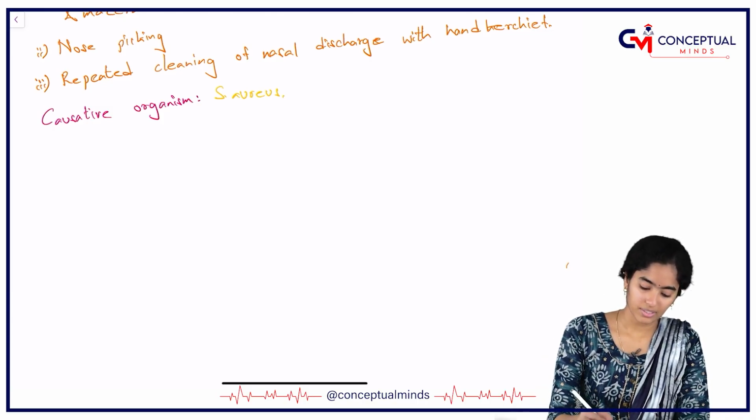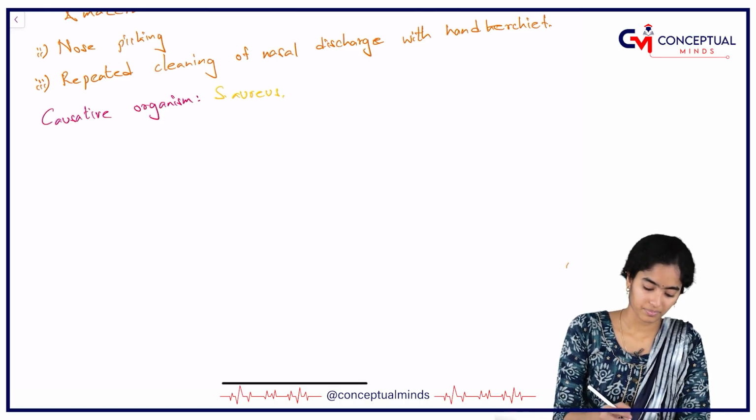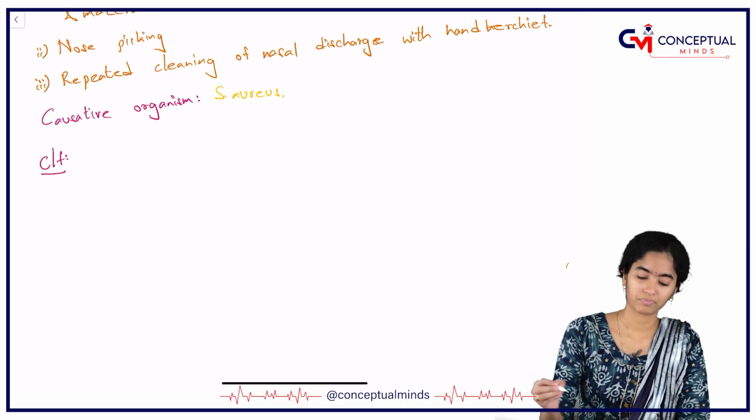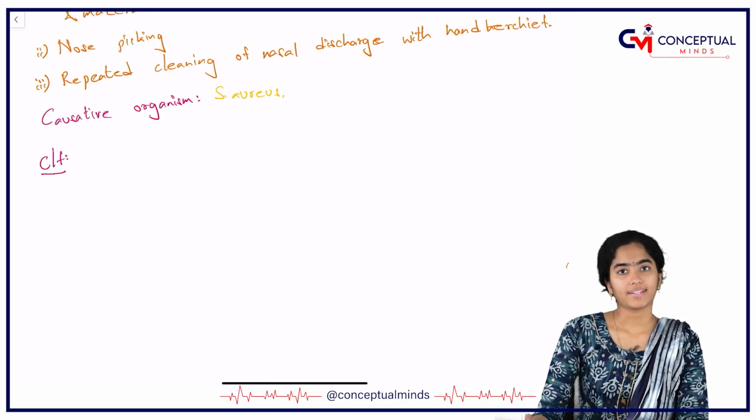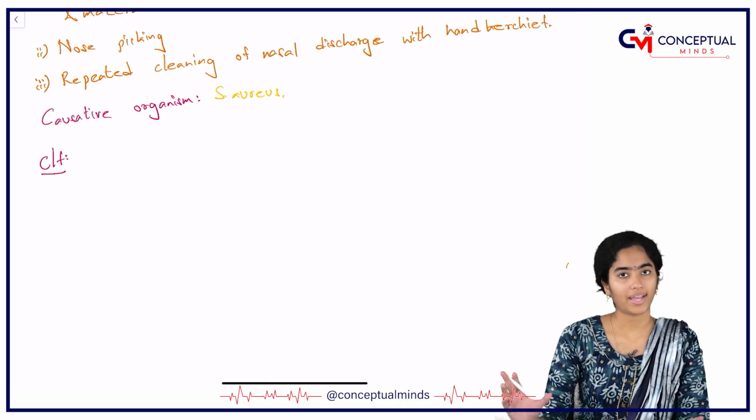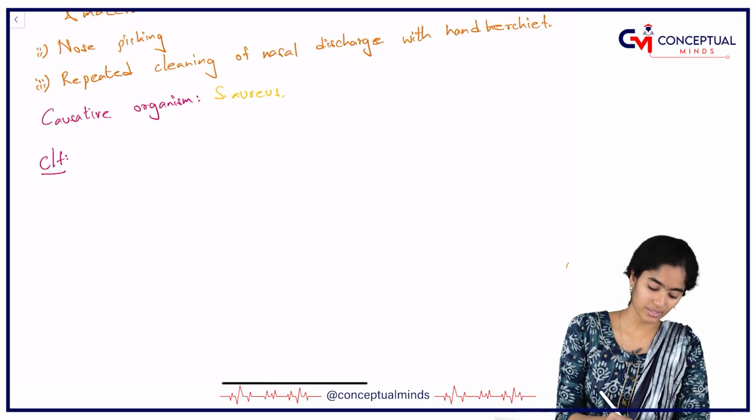If we look at clinical features, what can you expect? Vestibulitis can occur either in the acute form as well as in the chronic form. First, let us look at the acute presentation.